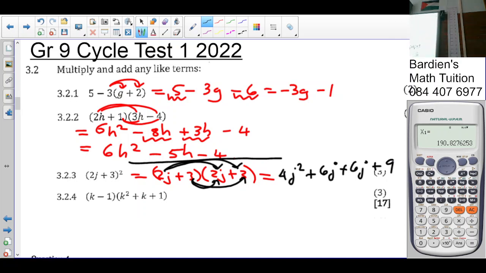So again, we're looking for like terms. 6j plus 6j. So what's 6 plus 6? 12. So 6j plus 6j is of course 12j plus 9. Okay. The next one.